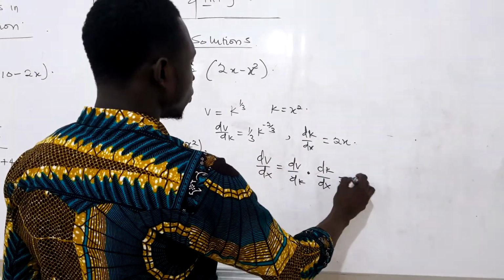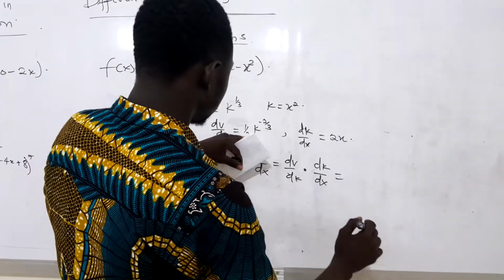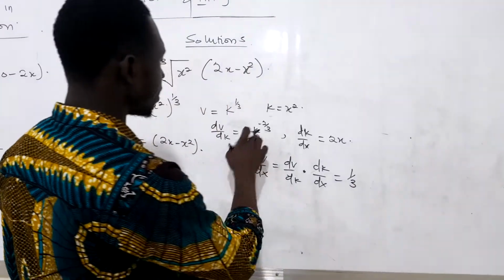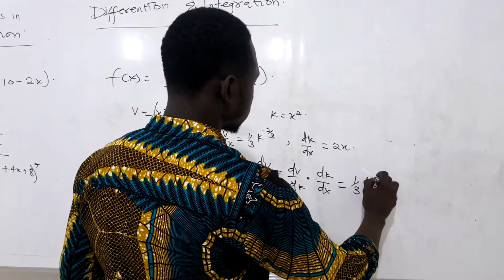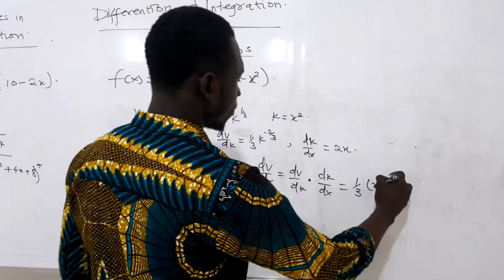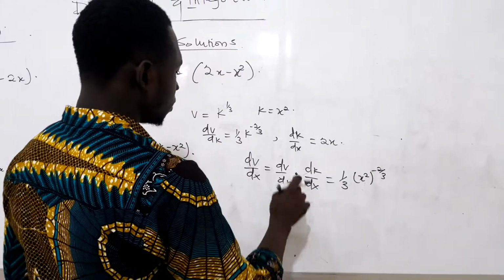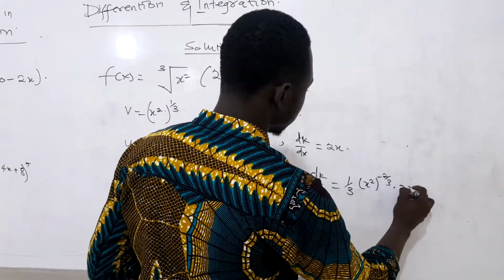That is the chain rule. In that case, dv/dk is 1/3, and my k is known to be x squared, so x squared all to the power of minus 2/3. Then my dk/dx is 2x, multiplied by 2x.